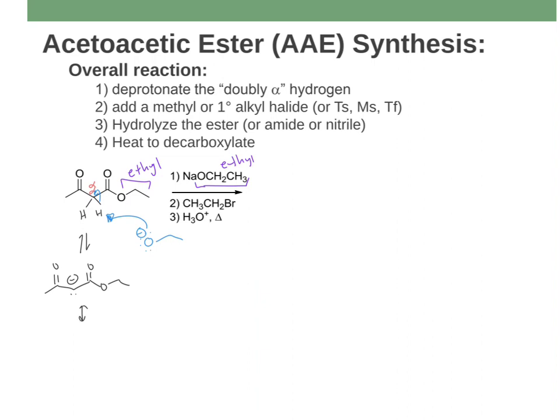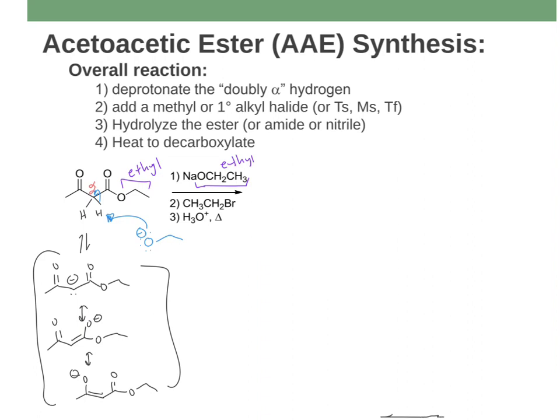And then we have resonance structures where we can go into either of those carbonyls. All right, which is why this is so acidic, because it's got so many resonance structures. And the idea here, right, is again, we have an enolate, which is nucleophilic.